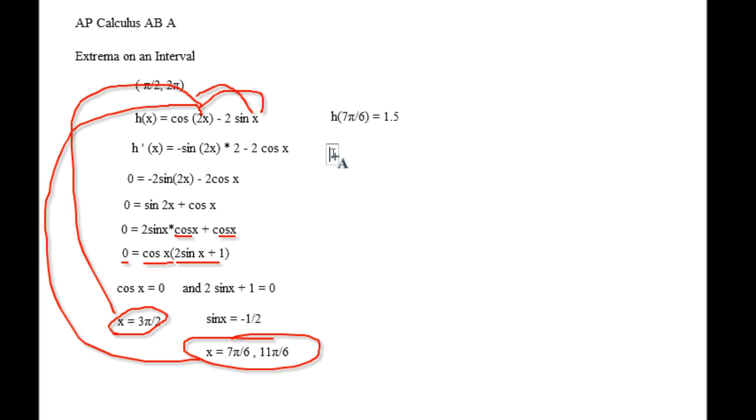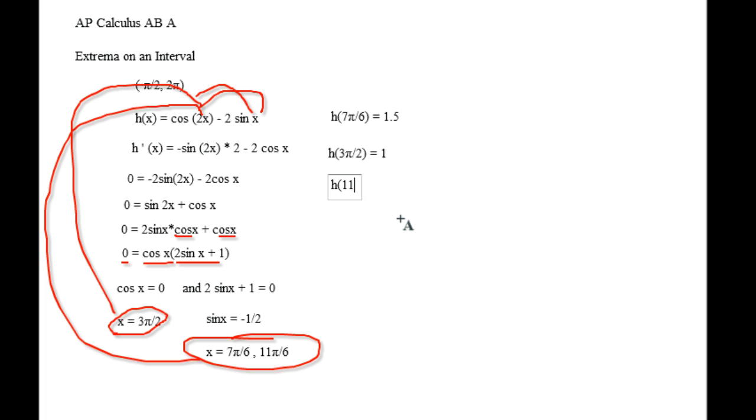We should get 1 when we plug in 3 pi halves. I'm not going to bore you with the details of how I got those, so just make sure you take your time with it.